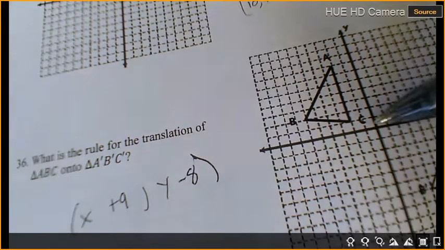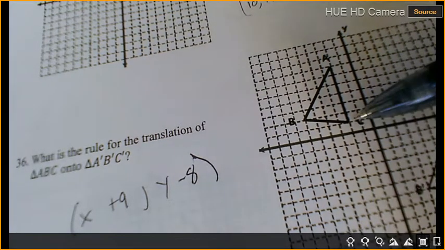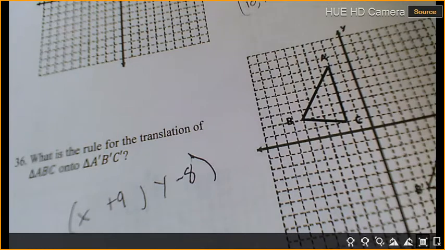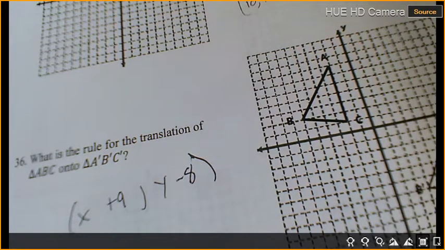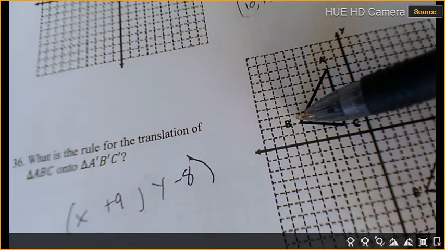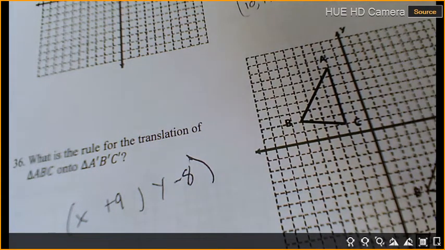Like, this is -2, 1. So many people have it 1, -2. Make sure you keep track. And some people are like, 1, 2, 3, that's 5 away. No, you didn't actually count it. You can't just guess. You got to actually count. It's one of the biggest problems. It's multiple choice. The right answer is there. Double check. Okay, any questions on 34, 35, or 36 before we turn it over?